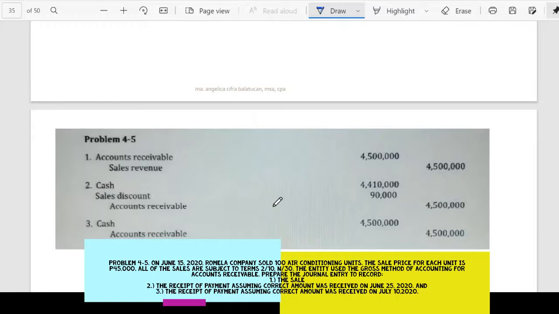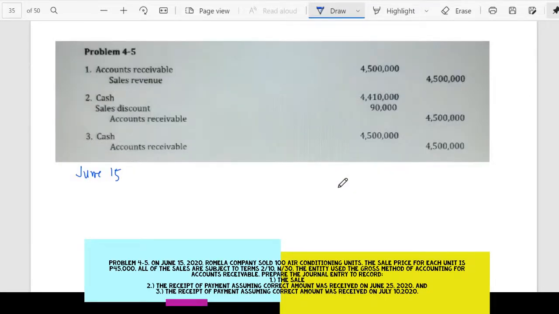So the original data provides that the sale happened on June 15. And how many days ang iyahang discount period? The discount period according to the terms, 2/10, n/30, means within 10 days, pwedeng maka-avail si customer sa discount.